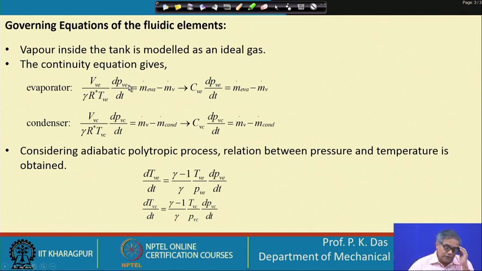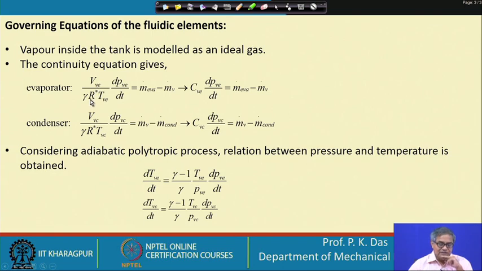Actually, you see the subscripts are not very difficult to follow. VE, that is vapor in the evaporator. So, PVE is the pressure of the vapor in the evaporator section, and VVE is the volume of the vapor in the evaporator section, R is the gas constant and gamma is Cp by Cv, the ratio of the specific heats.